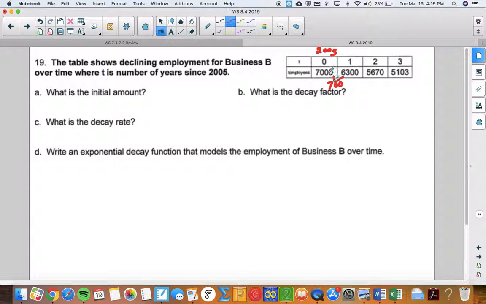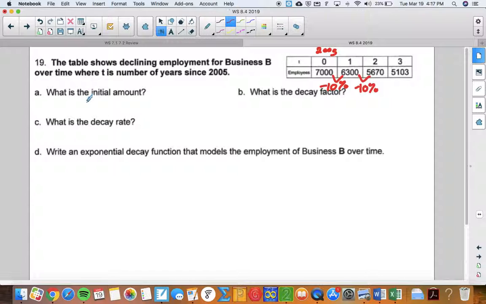And that's 10% of 7,000. So here I've lost 10%. And it's actually the same way there as well. You lost 630 employees going from 2006 to 2007. So it's also minus 10%. So it's a consistent rate of change every single year.